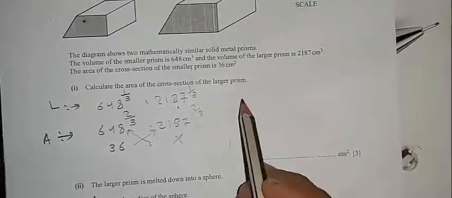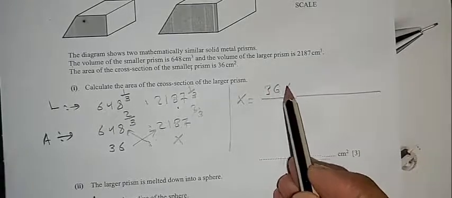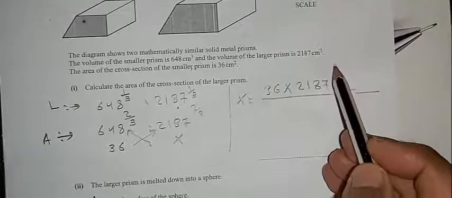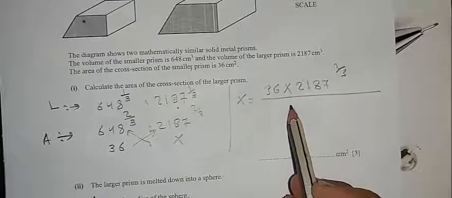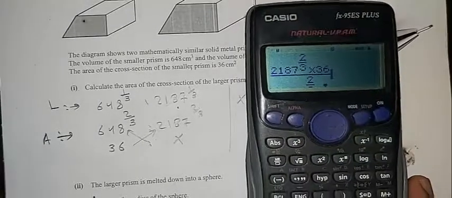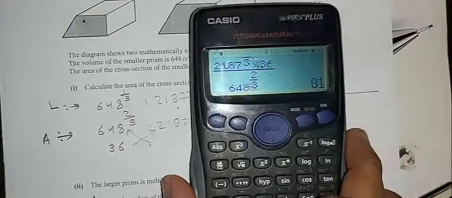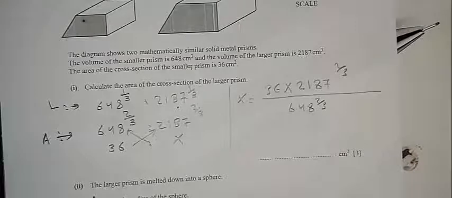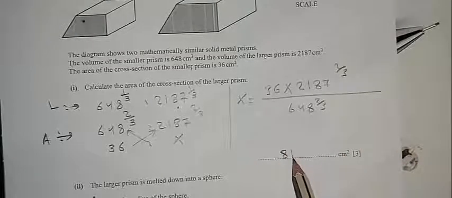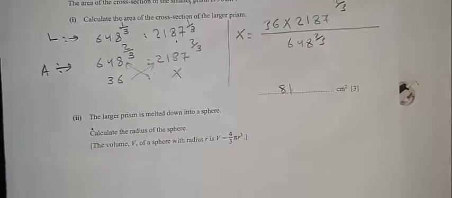So x here equals 36 times 2187 to power 2/3 over 648 to power 2/3, and if we do this in the calculator, I already did it here for you, this will be 81. So the area of the cross section of the larger prism is 81.